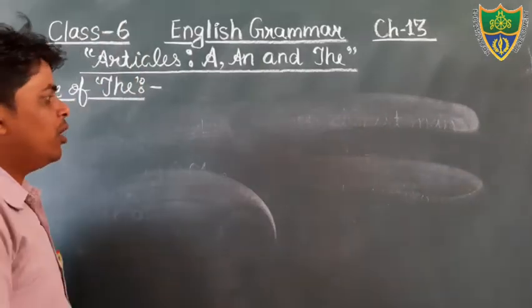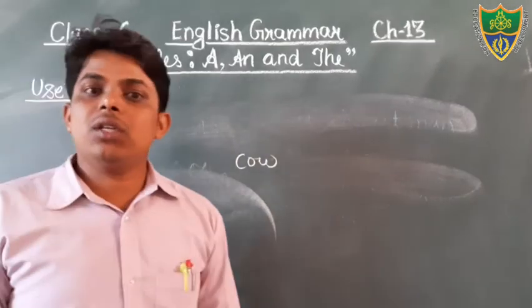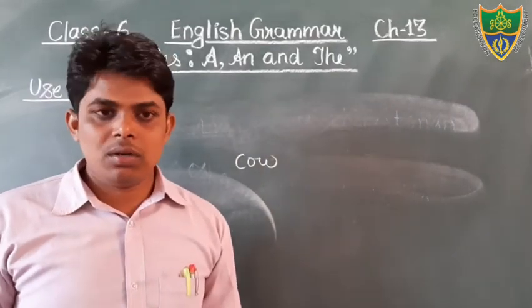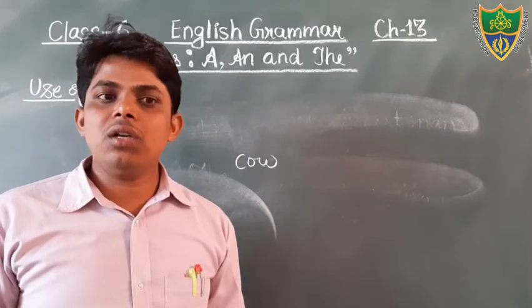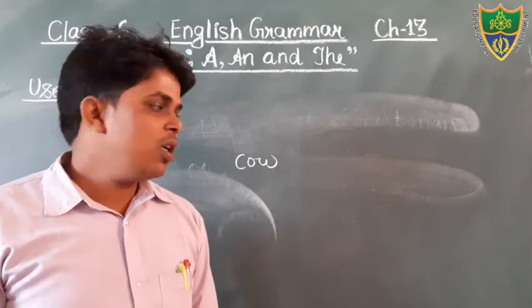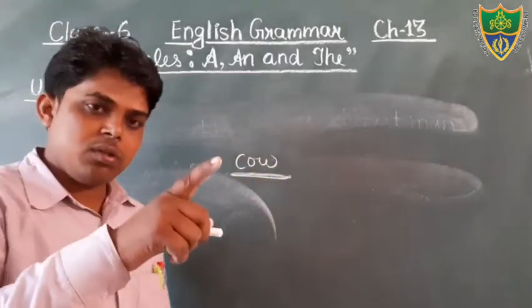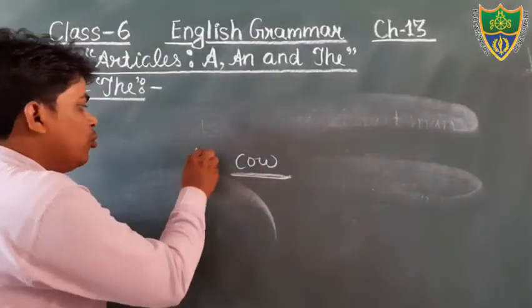Suppose that we are talking about a cow. Cow is an animal. Cow is a gentle animal. So cow denotes the whole category of cows. Therefore, we will use here the cow.